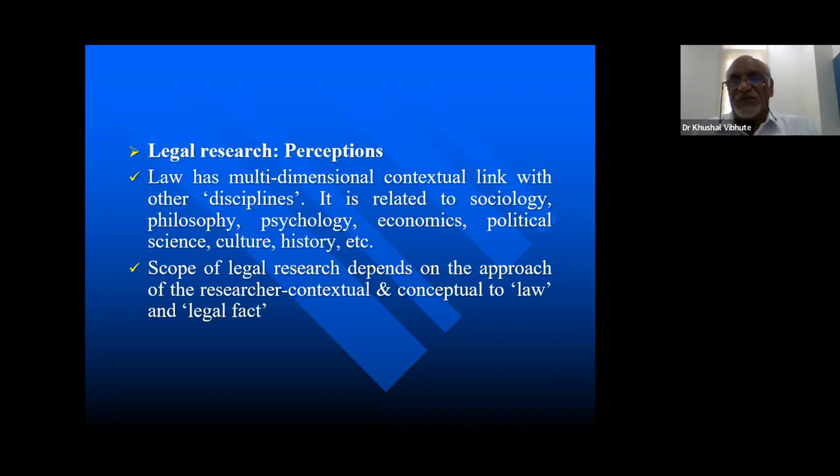Now, legal research has three perceptions. Law as such has three perceptions, and those perceptions have a bearing on legal research.